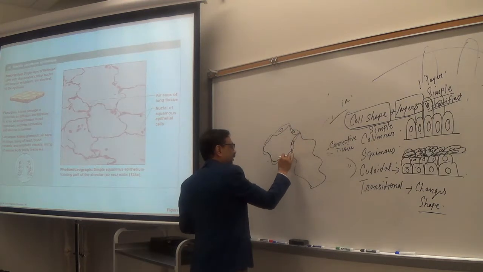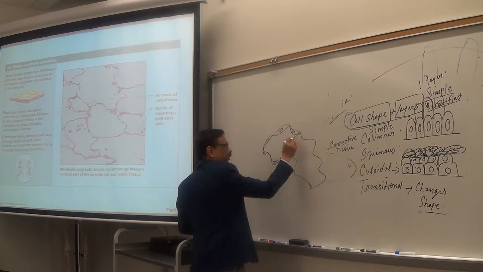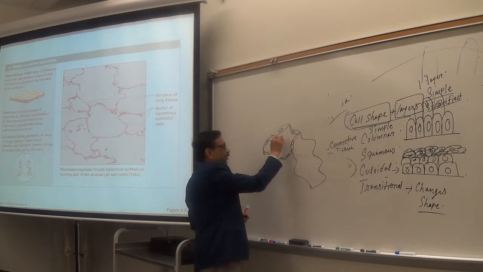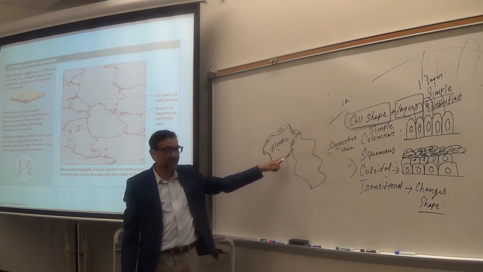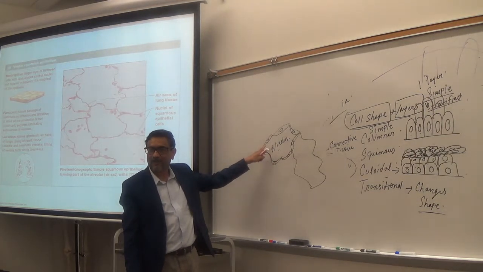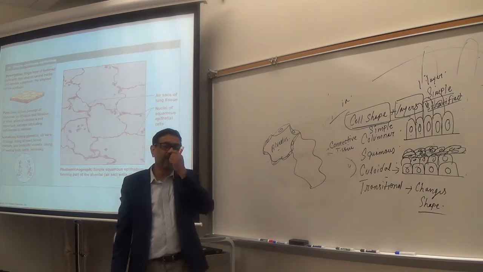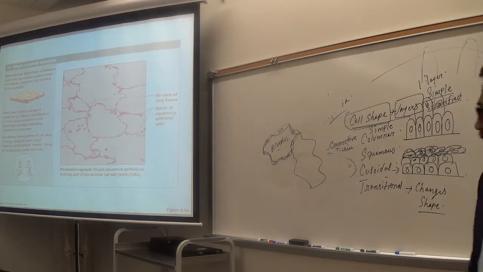Nucleus. So this is a cell nucleus, another cell nucleus, another cell nucleus. This is the wall of the alveolus. Okay? You tell me, what kind of epithelium is this? These cells are flat or columnar or what? Flat, right? Single layer or multiple layer? So what is this? Simple squamous. Make sense? So in the wall of the alveoli, you have simple squamous.